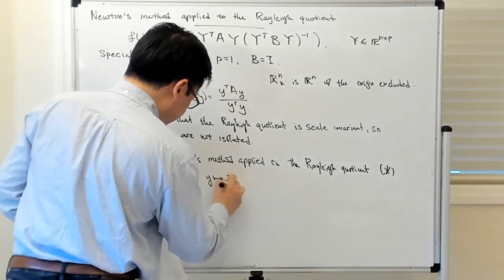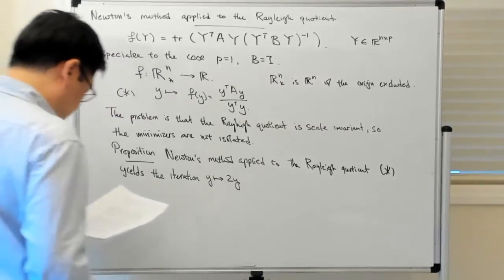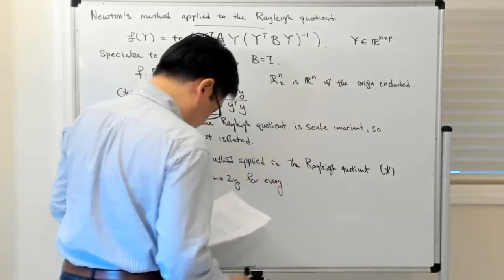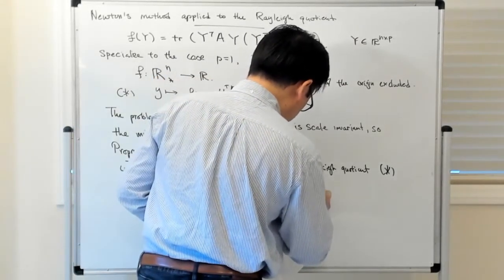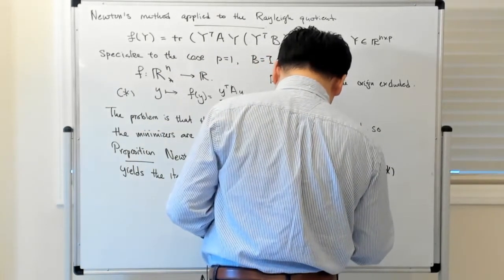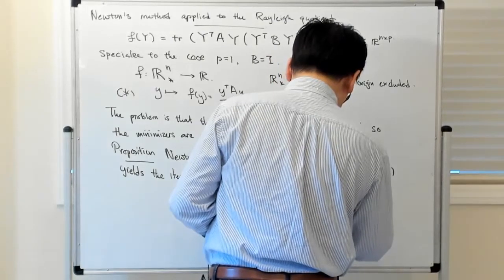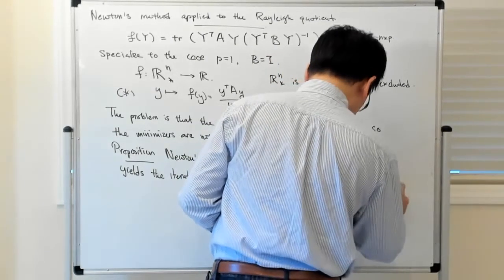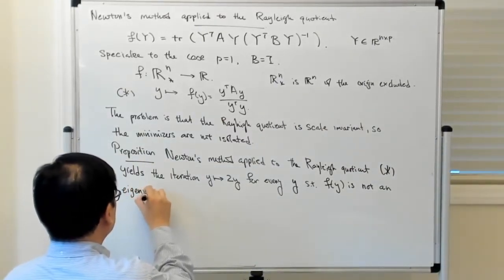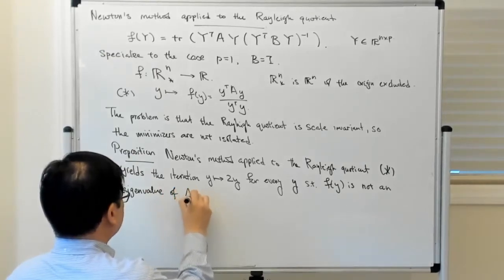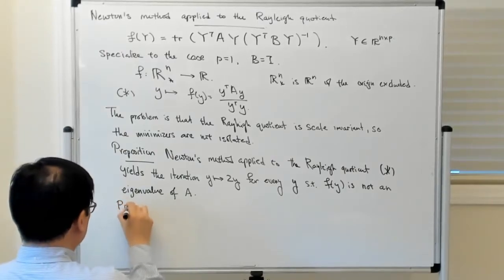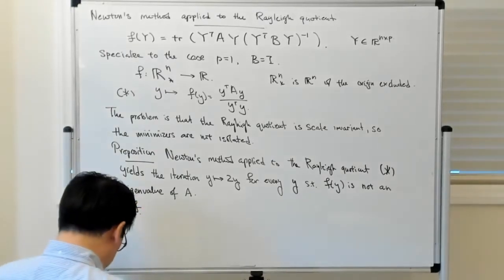Y gets mapped to 2y for every y such that f of y is not an eigenvalue of A. And the proof just involves calculating the gradient and the Hessian.